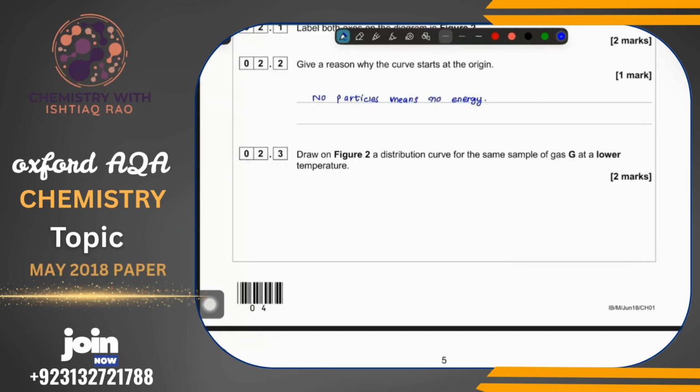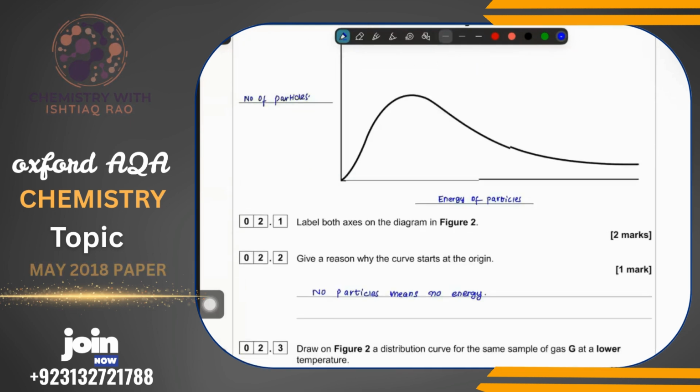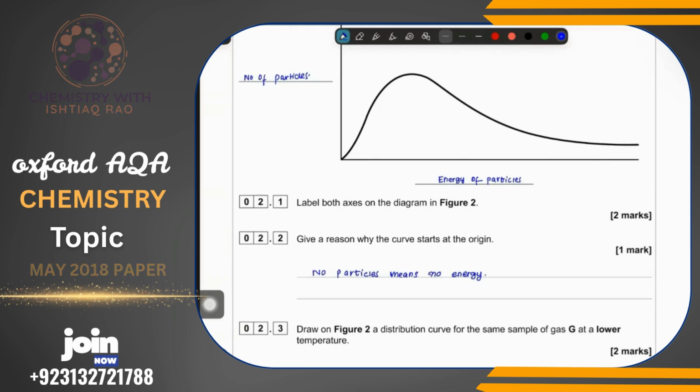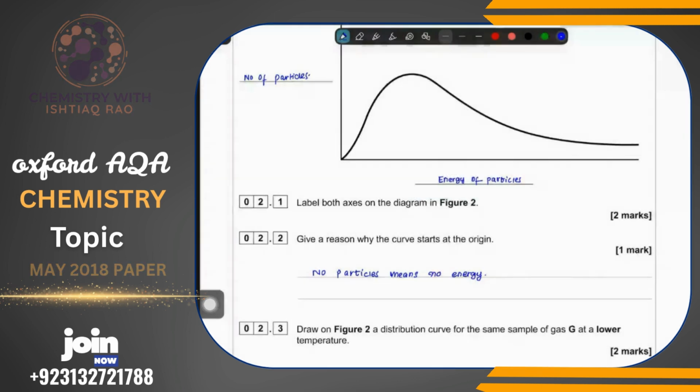Draw on figure 2 a distribution curve for the same sample of a gas at a lower temperature. I told you that when we drew the two curves, at higher and lower temperature, at the higher temperature the height of the curve decreases and the graph shifts towards the right.